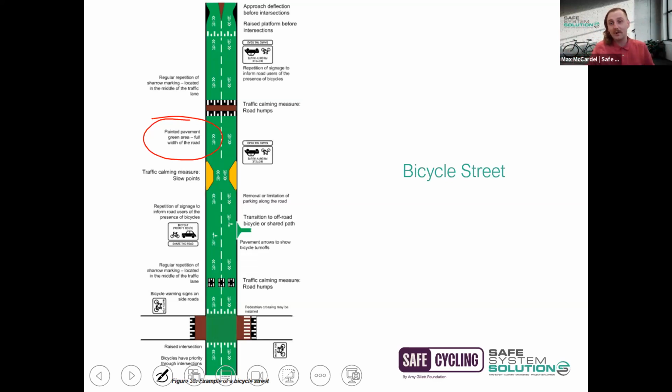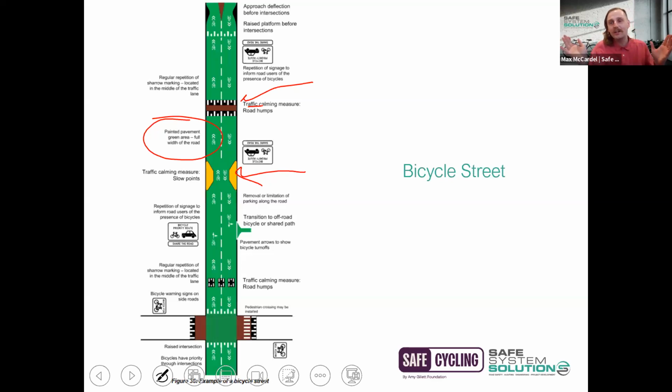I'm not sure urban designers would be too thrilled with that outcome because that would be quite a lot of green going on. But it's just this idea of we've got these local streets that we're treating with local area traffic management treatments, like our slow points, like that one there, or speed cushions, speed humps, vertical deflection, anything like that. That's kind of what is referred to as a bicycle street.